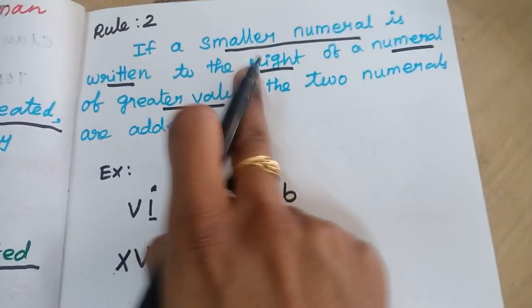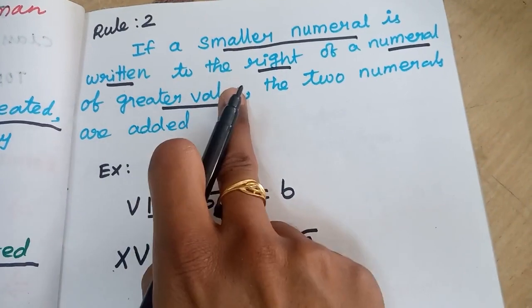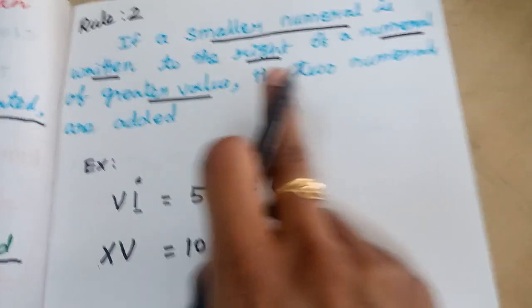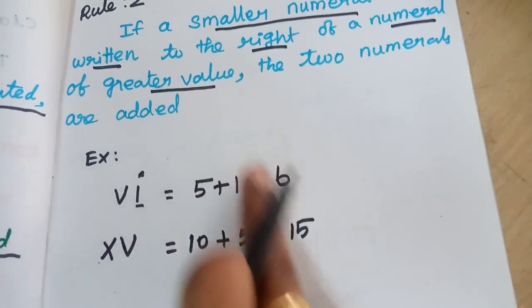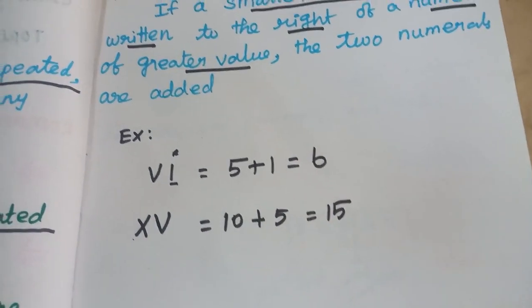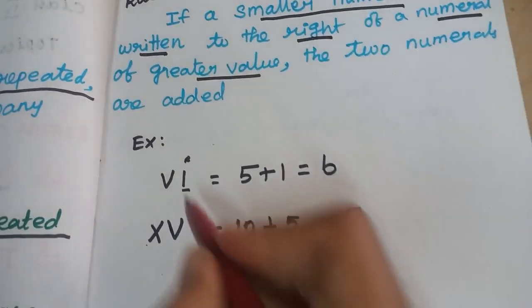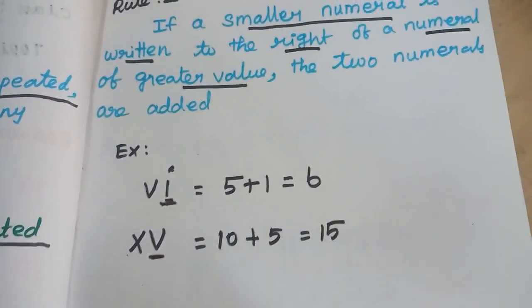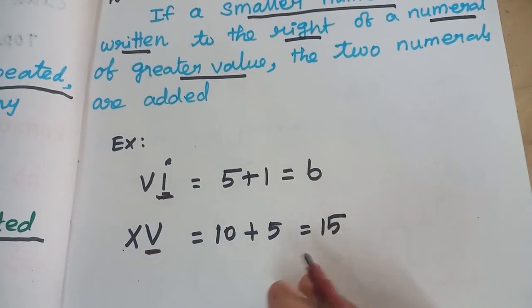So when the smaller numeral is written to the right of the numeral of greater value, the two numerals are added. Do you have any doubts? This is the right position.